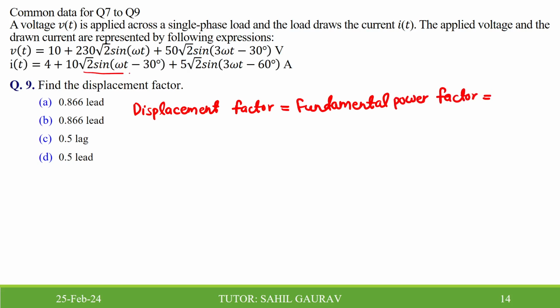So the fundamental component is this one, both. Cos phi 1 is 30 degree, so it is 0.866 lag, since the current is lagging with respect to the voltage, cos of 30 degree.